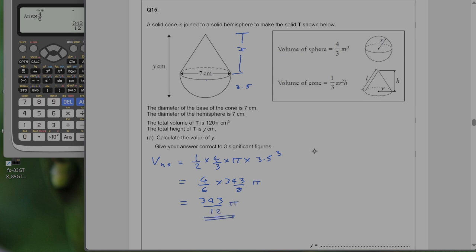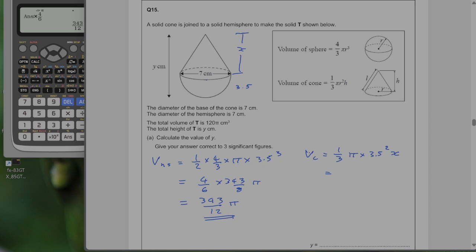Right, and the volume of the cone is going to be equal to 1/3 pi times by 3.5 squared times by x. So we could do a much tidier version of this actually.